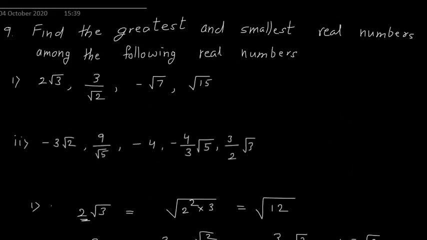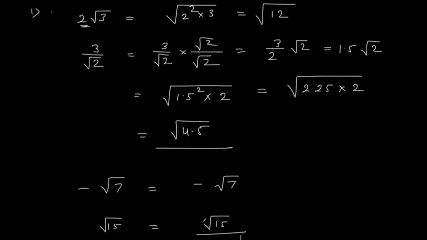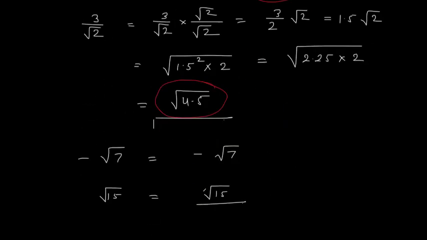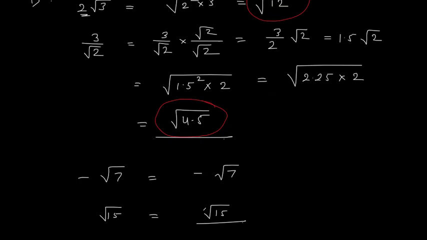Now we have first simplification of 2 root 3 as root 12. Second simplification is root 4.5. Third simplification is minus root 7. And fourth simplification is this root of 15.